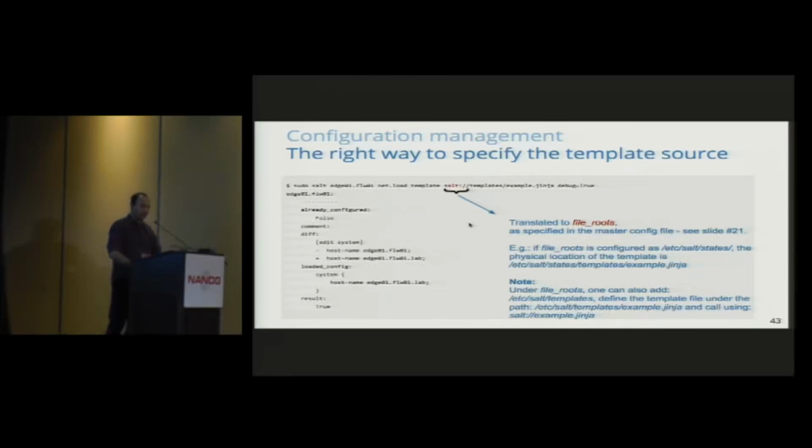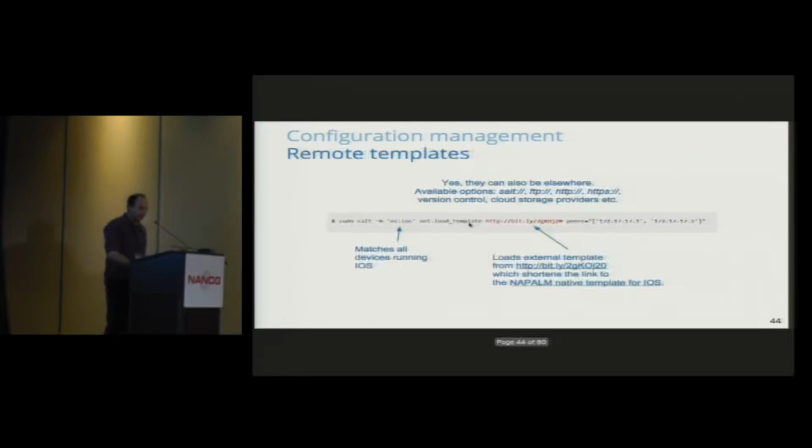It will be directly indexed by Salt. Moreover, you can have templates rendered from a different source, from elsewhere. You can render them from HTTP or FTP, from version control directly from your Git server, or cloud providers and so on. This example is for iOS.